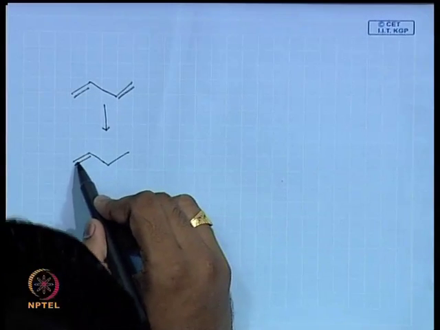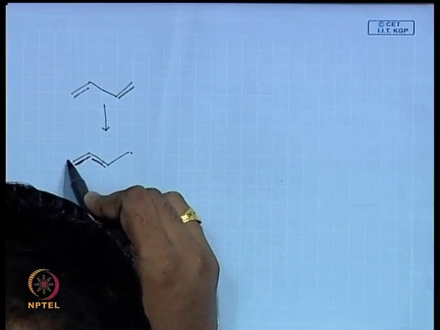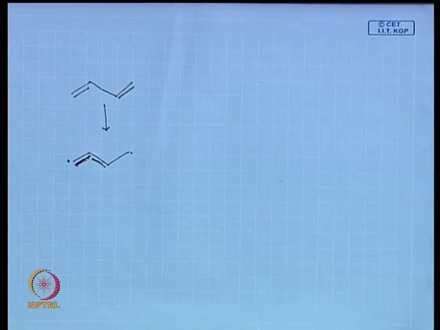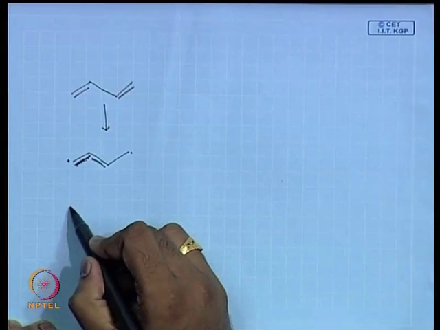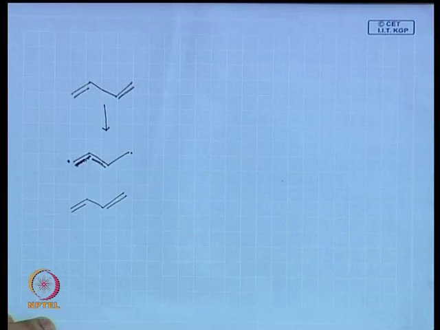Radical. So, you have a double bond inside. You get this radical chemistry, right? Then what does this radical do? Yes, addition. It can add with your ground state diene, right?